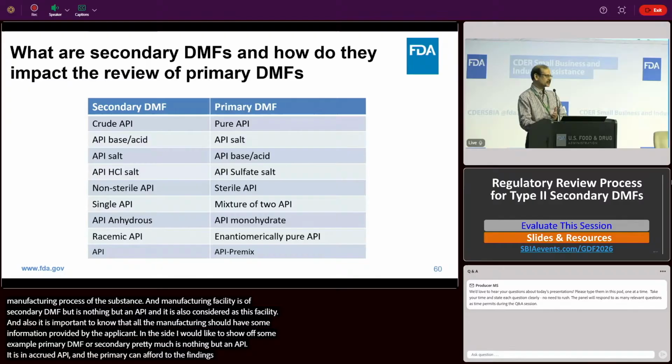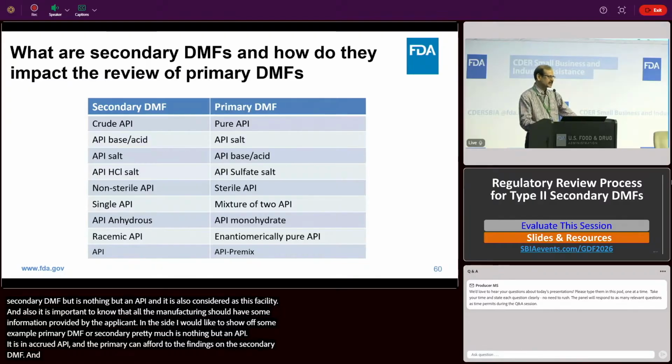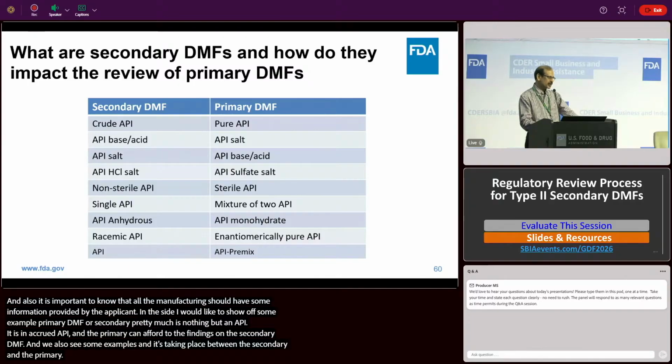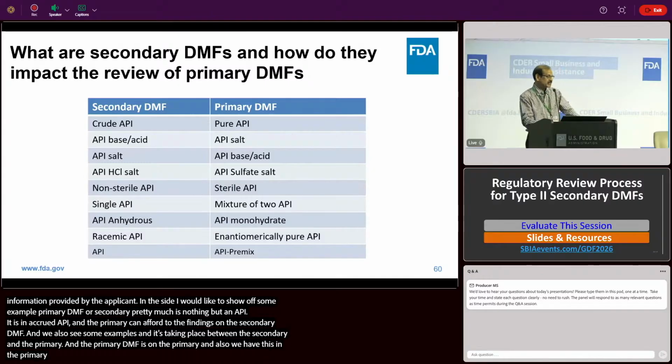And we do also see some examples where salt exchange takes place between a secondary DMF and a primary DMF. A sterile API primary DMF can refer to a non-sterile API. And also, when we have a mixture of two APIs in a primary DMF, in many instances they refer to single API secondary DMFs, which are nothing but APIs.